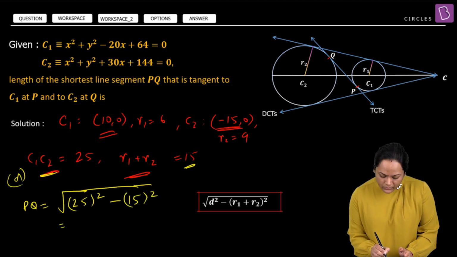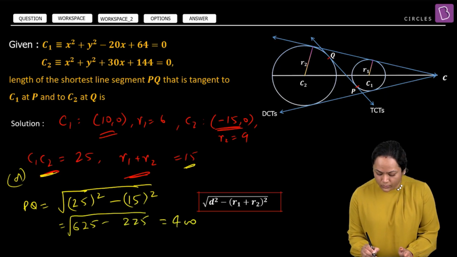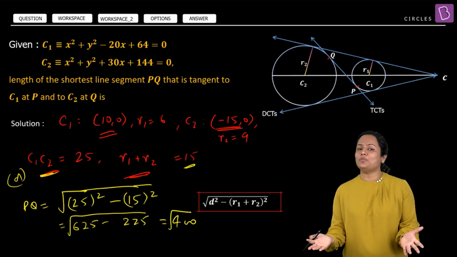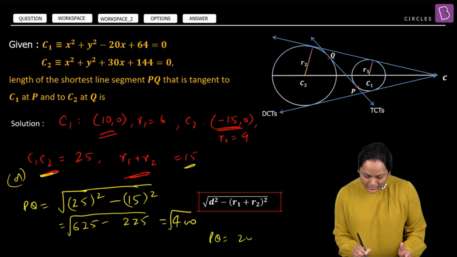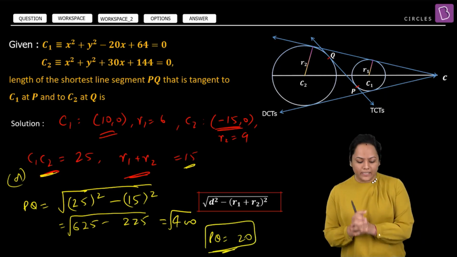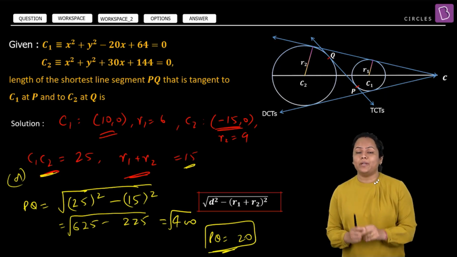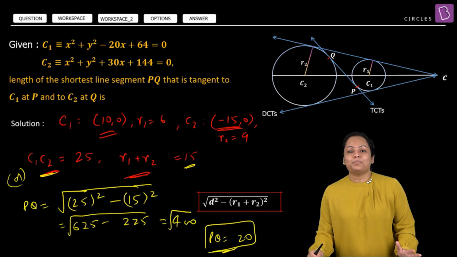So this will come out as the square root of 625 minus 225, that is the square root of 400. And finally, you know what is the square root of 400, guys? What is it? 20. That's correct. So the final answer will be 20. This will be the length of the shortest line segment which is tangent to both the circles. Have you understood? Very well.